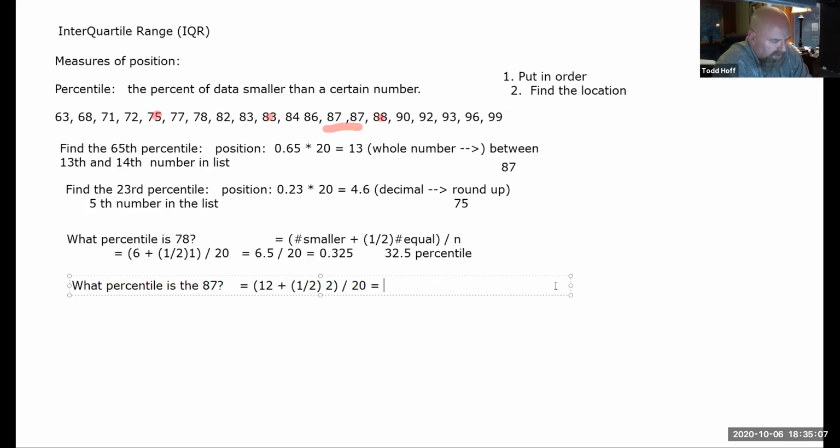Well, 1/2 times 2 is 1, so 12 plus 1 is 13, divided by 20, equals 0.65. So it is the 65th percentile. So it works out the same backwards. Because it's a small data set, it might be a couple percent off when you go backwards or forwards with that.